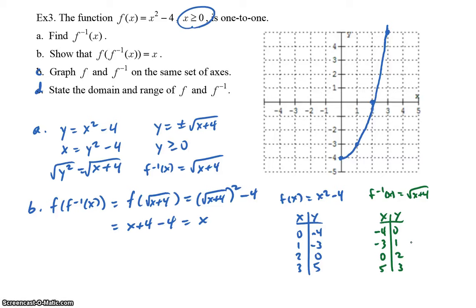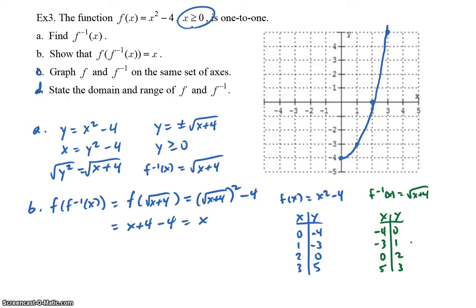For example, if you substitute in negative 4, negative 4 plus 4 is 0, and the square root of 0 is 0. You can check all of these and verify that they are indeed solutions of the equation of the inverse function. But this is something that we can do to save ourselves a little bit of time in graphing the inverse. Just reverse the x's and y's from the original function.